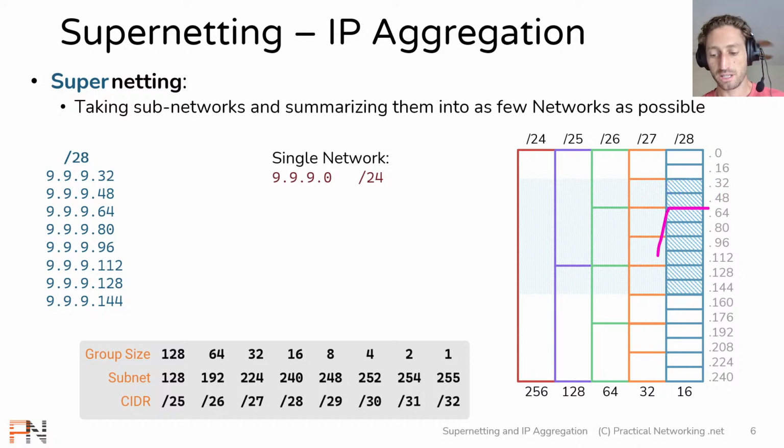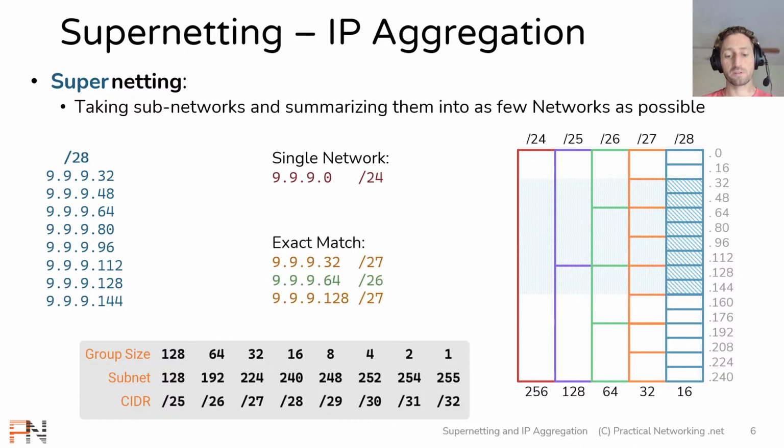I could take these 4 /28s and summarize them into that /26. And then I could take these remaining 2 /28s and summarize them into that /27, giving me an exact match answer of those 3 subnets. These 3 are the exact match summaries of these 8 /28s. And this 1 is the single network summary of these 8 /28s.